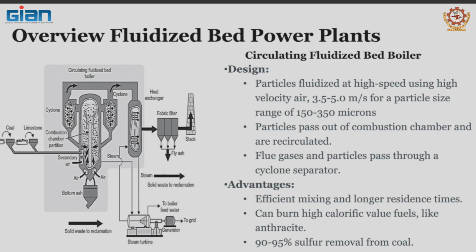If there is unburned carbon escaping here, we capture it back through the cyclone until it becomes ash. And the ash particle is lighter, and we can separate it much more easily through separators. And another beauty here, just pay attention to this: 90 to 95% sulfur removal from coal.